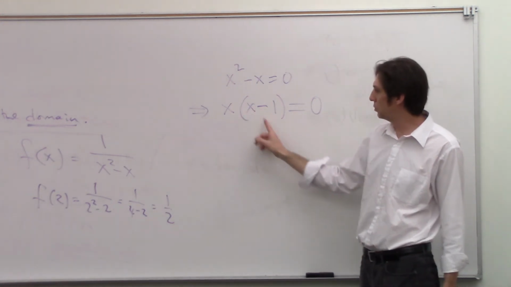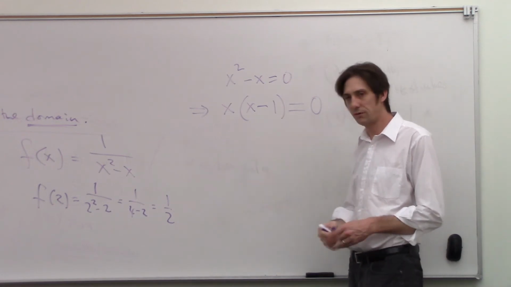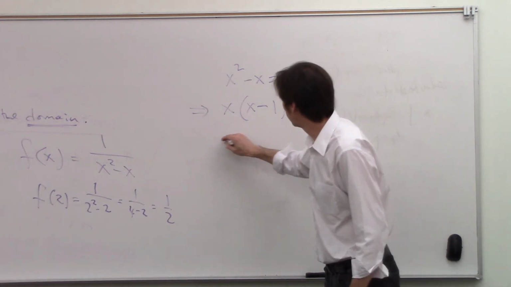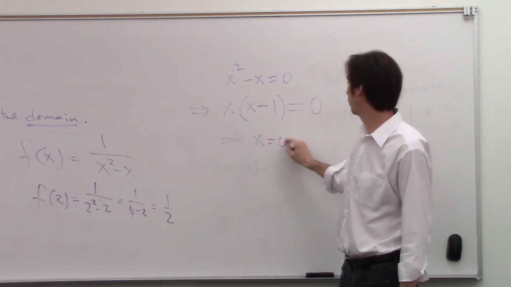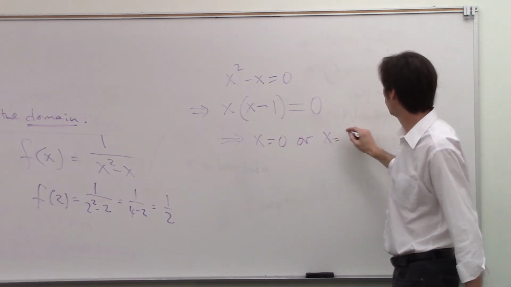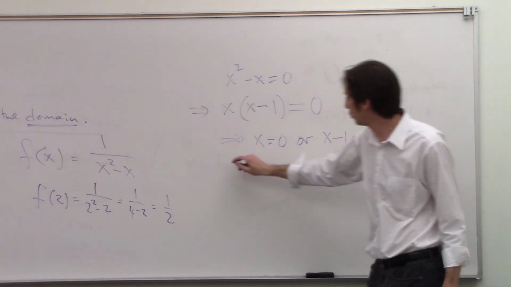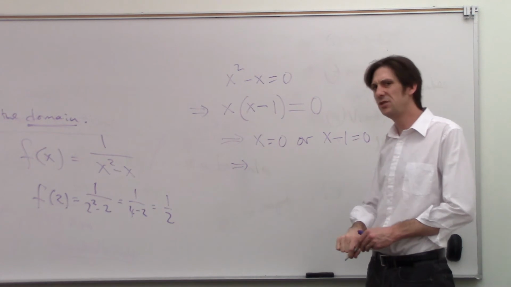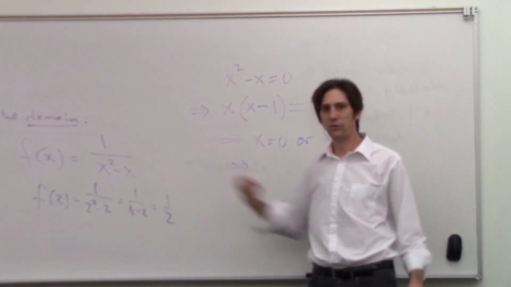When you have two factors multiplying together equal to 0, it has to be the case that one of them is 0. And so at this point, using logic, I can conclude that either x equals 0 or x minus 1 equals 0. And so this tells me the x's that I need to avoid, because these x's would make the denominator 0.